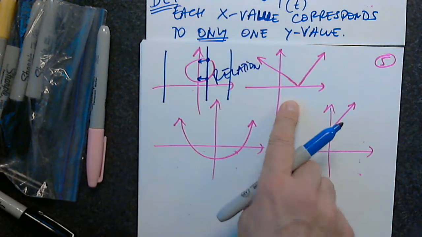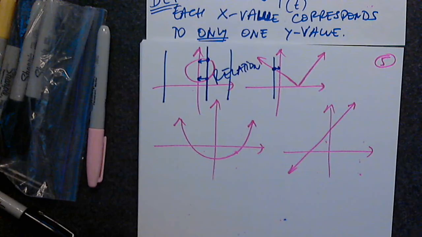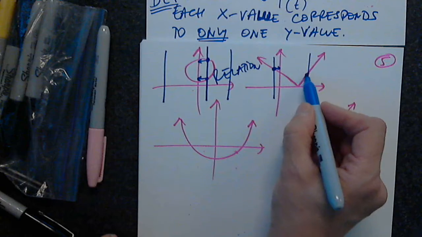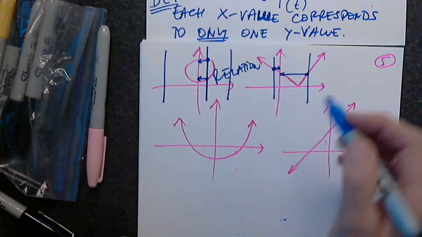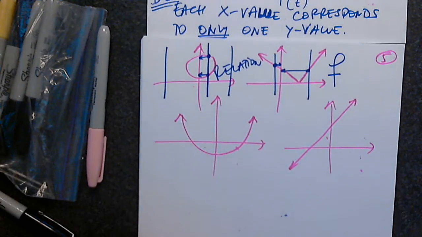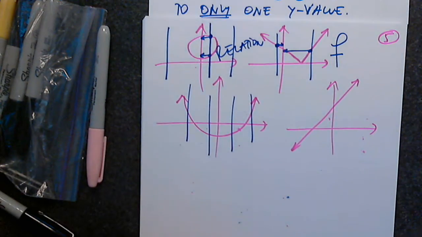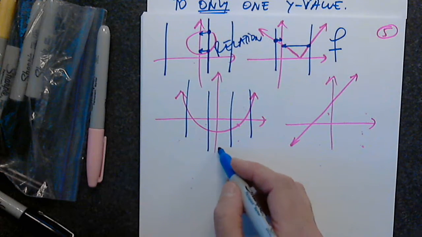What about this one? By the vertical line test, I read only one y value for each x value. So this is a function. What about this one? Function or not? Very good.